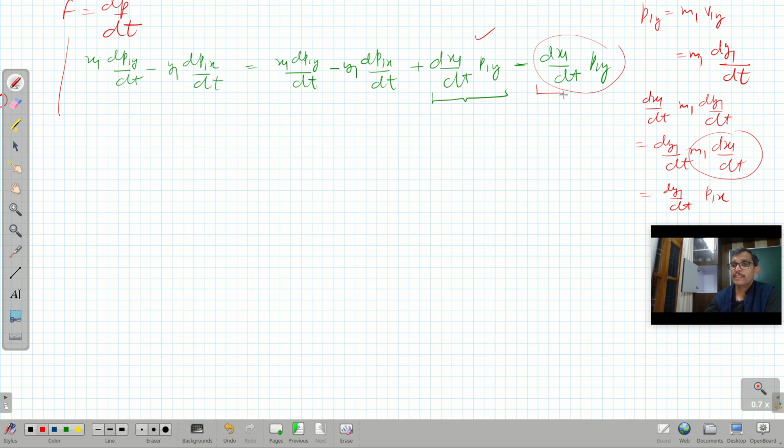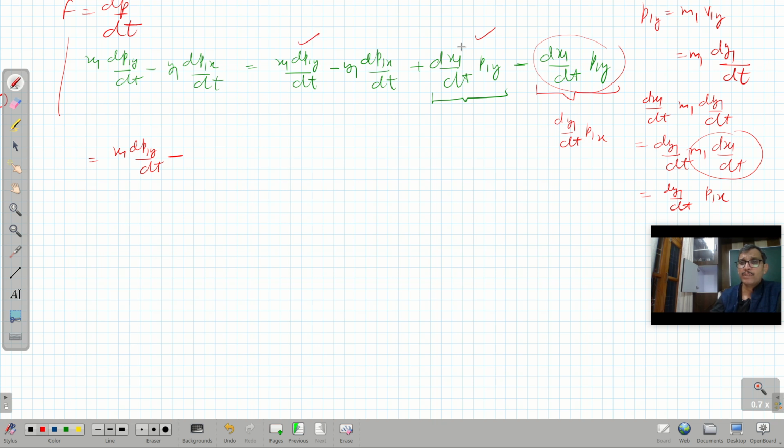That means this part can be written as dy1 over dt plus p1x. So therefore this equation can be rewritten as x1 dp1 over dt.